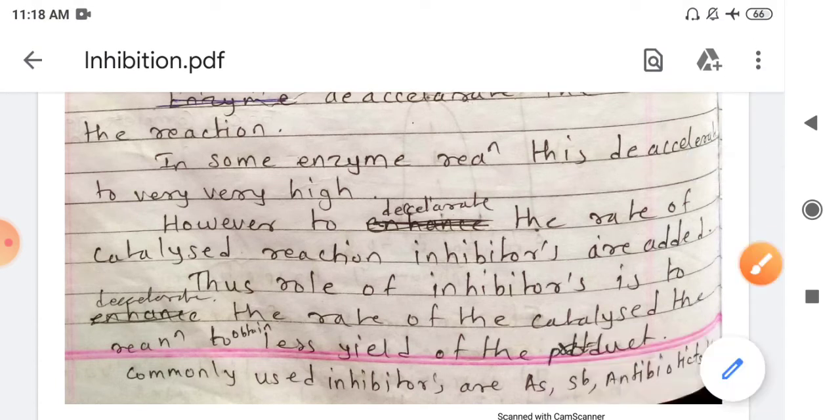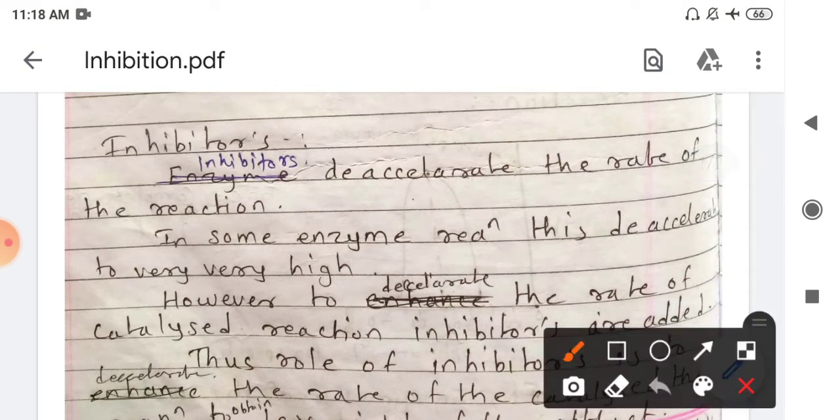As the name suggests, inhibitors are those compounds which decelerate the rate of reaction. Why do we need to add these inhibitors? Suppose we are studying some enzyme catalyzed reaction and the rate of reaction is very fast.